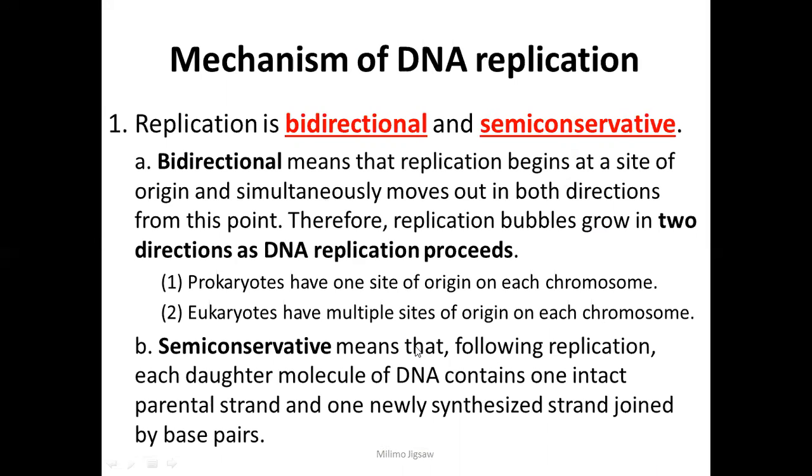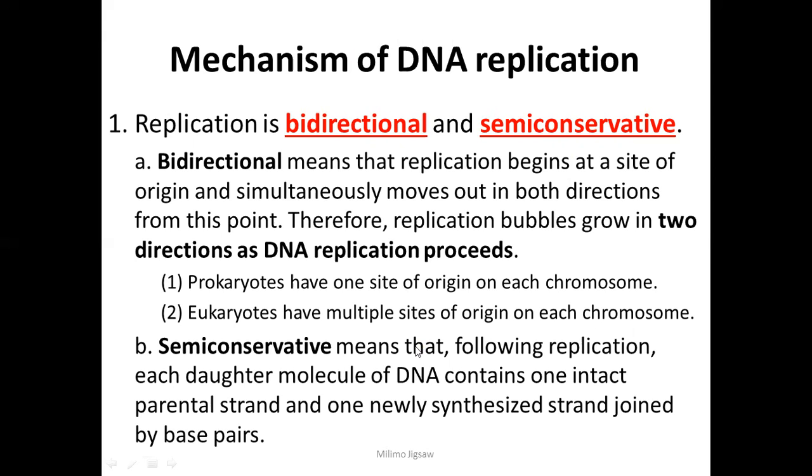Okay. So now, having looked at this, we need to understand how DNA replication happens. What's the mechanism of DNA replication? So we need to understand, first of all, that DNA replication is bidirectional and semi-conservative. Remember that we've explained what semi-conservative means. After replication, each daughter molecule of DNA will contain one intact parental strand and one newly synthesized strand that will be joined by base pairs.